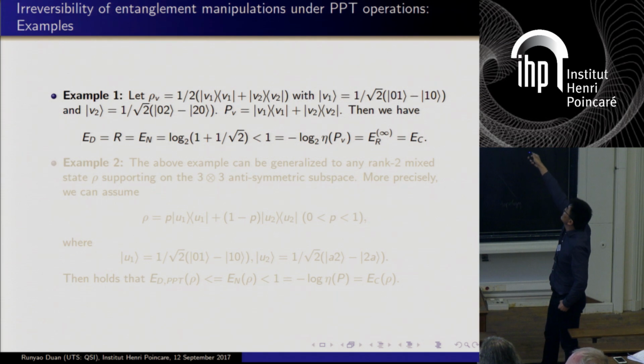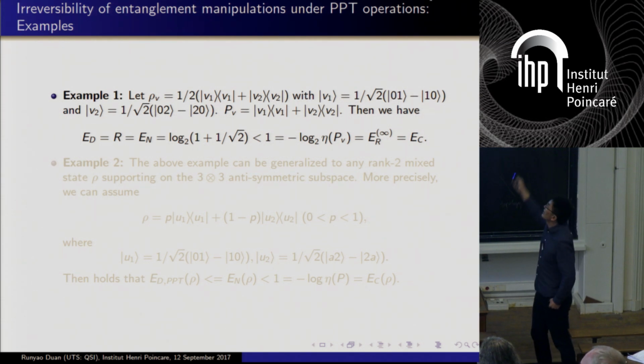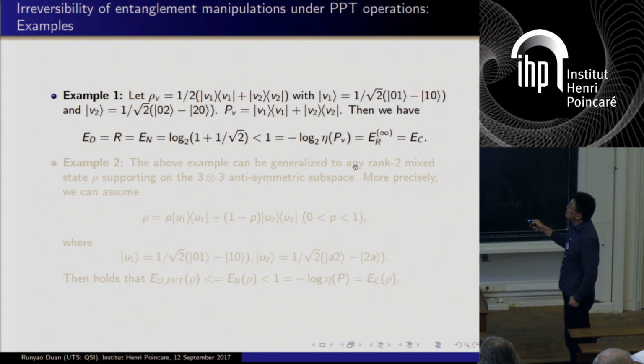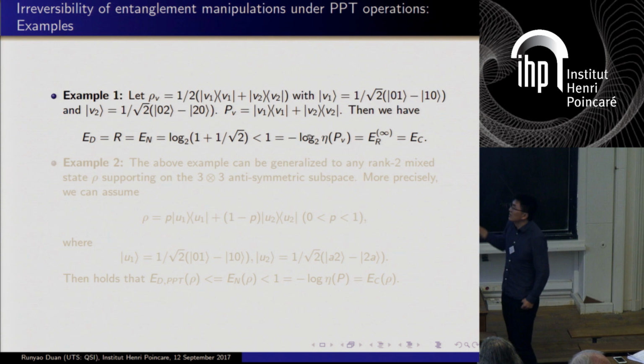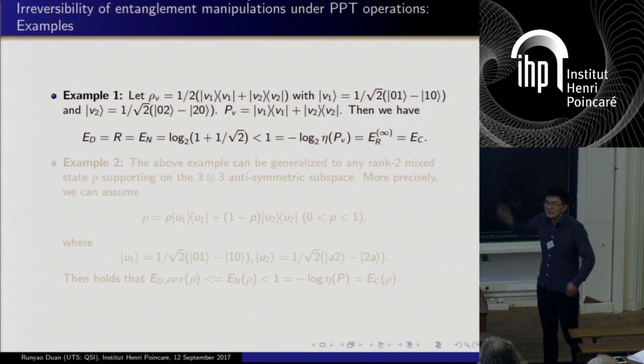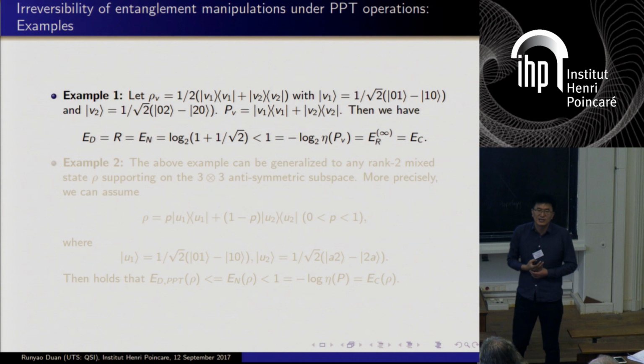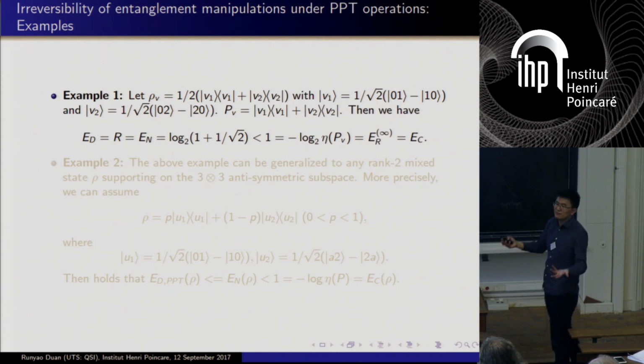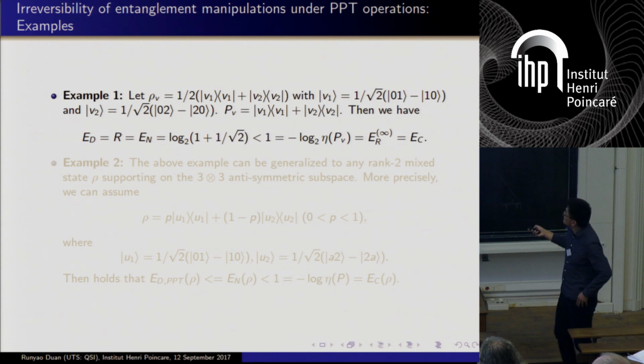You can see the regularization of this relative entropy is strictly larger than the logarithmic negativity, and also strictly larger than the distillable entanglement. So this already provides a separation between the entanglement distillation and the entanglement cost, or entanglement dilution.